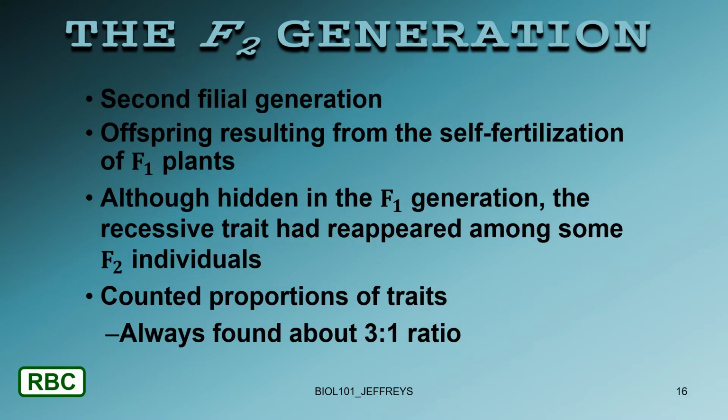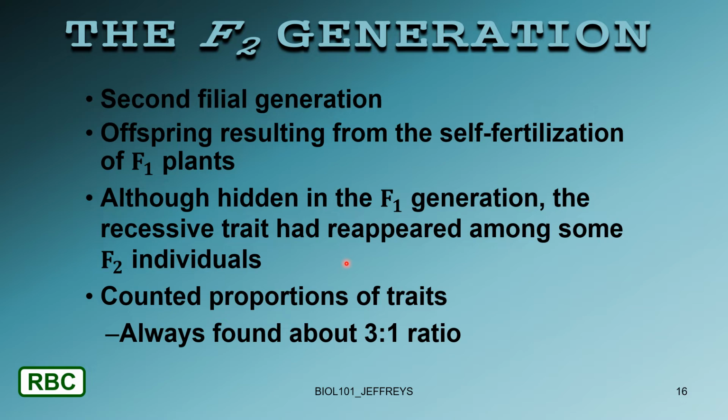And so in the F2 generation, now remember F2, second filial generation, is taking two F1 plants and crossing them, or letting the F1 plants self-fertilize. The offspring are the offspring resulting from self-fertilization of F1 plants, first generation plants. And although hidden in the F1 generation, the recessive trait reappears in the F2s.